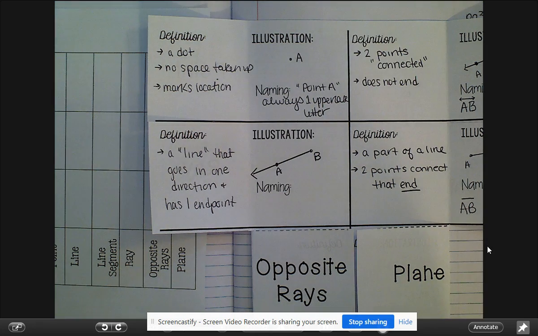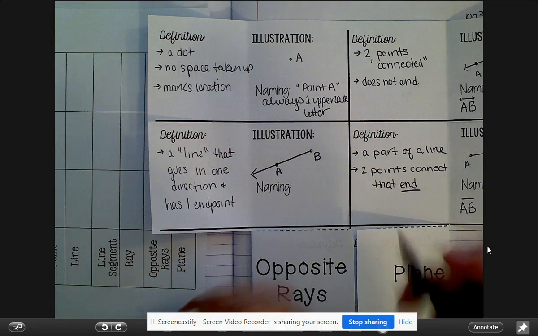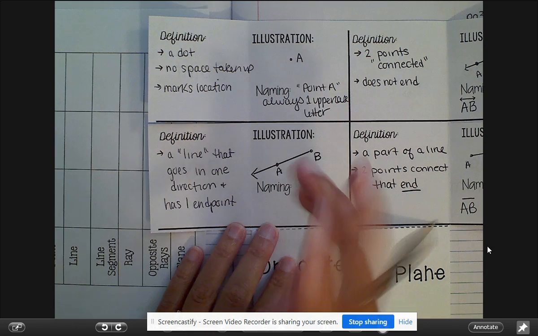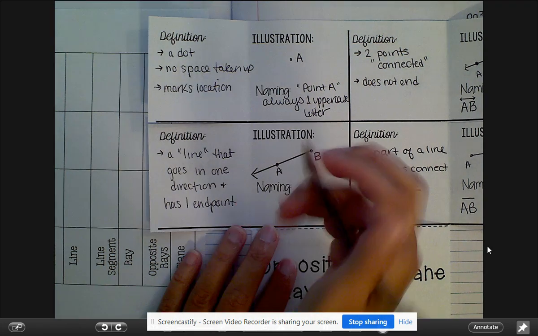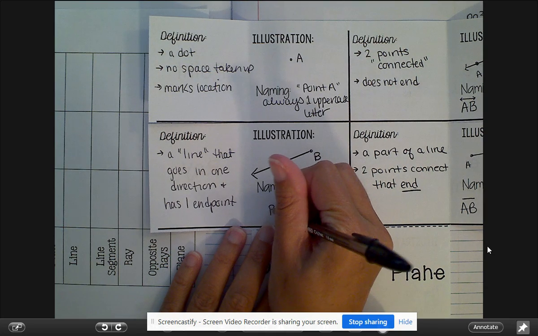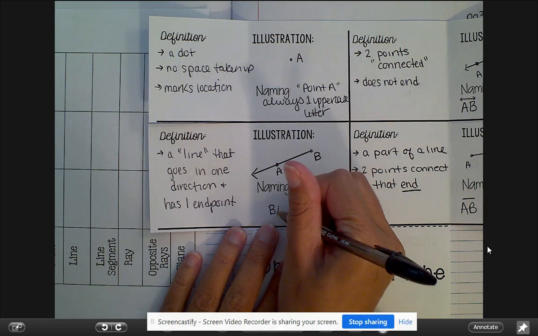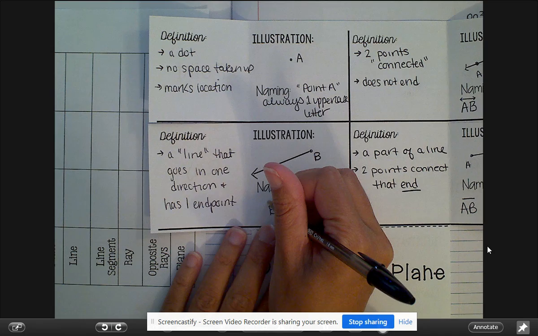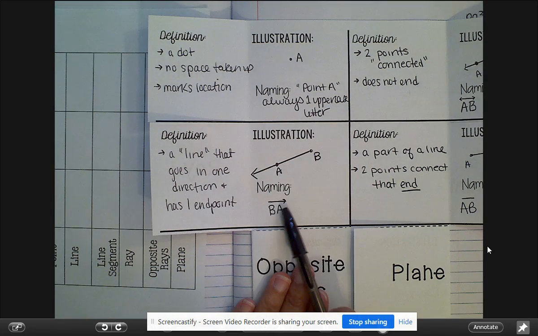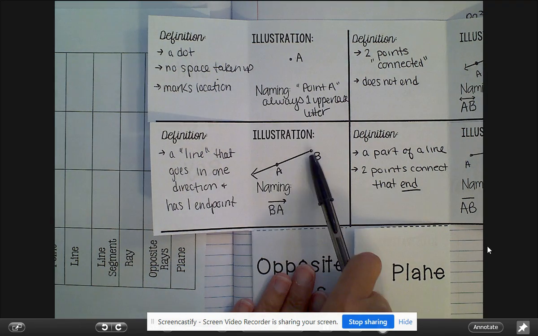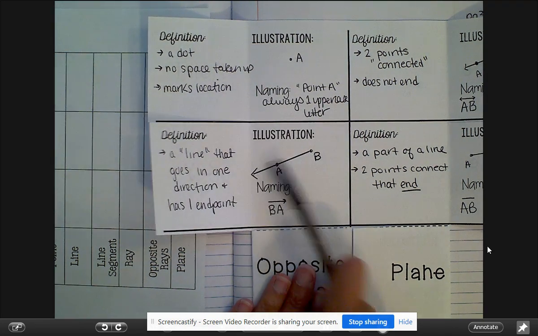However, the kind of tricky thing about naming it is when you're naming it, I always have to name it with the endpoint letter first. So in this case, I have to name this ray BA because it ends at B and goes through A, because we always want our arrow over top to show that it's a ray going to the right, even if the line kind of goes to the left.